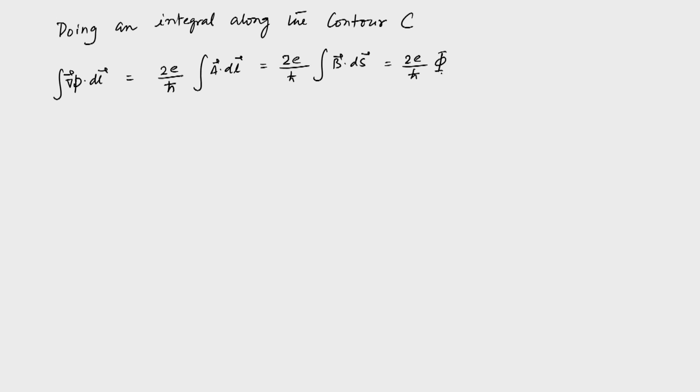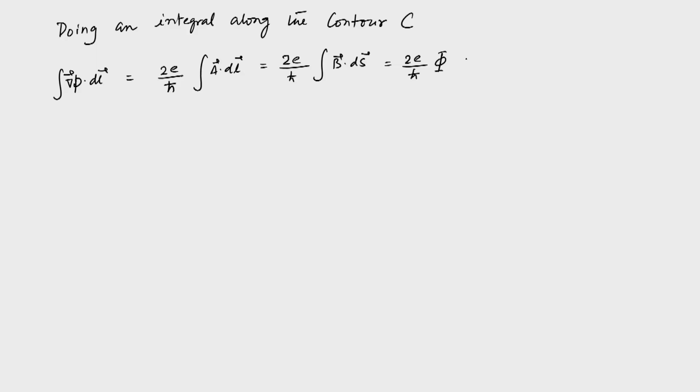That is the flux that threads the superconducting ring because of the external magnetic field B. So, this is equal to 2e by h into 2 pi, since h cross can be written as h over 2 pi, and then phi, and then 2e over h is nothing but 1 over phi 0.